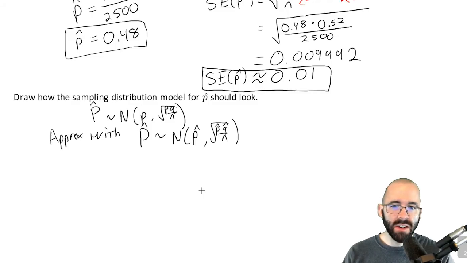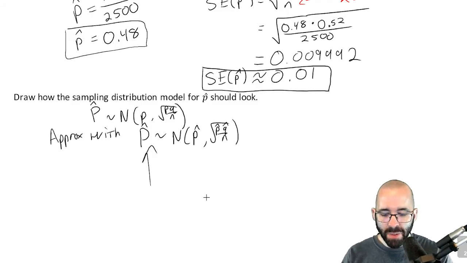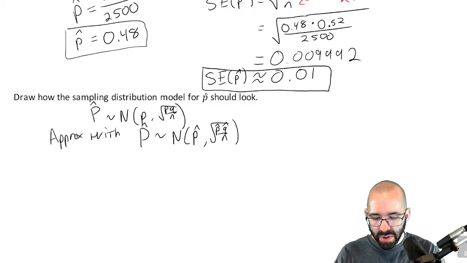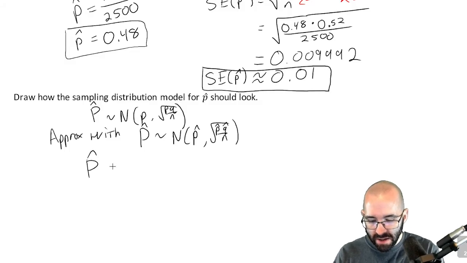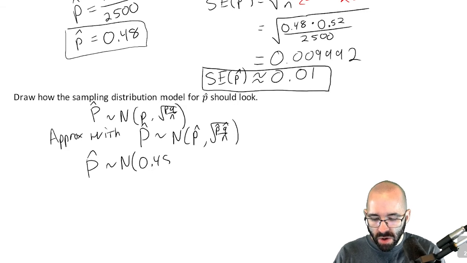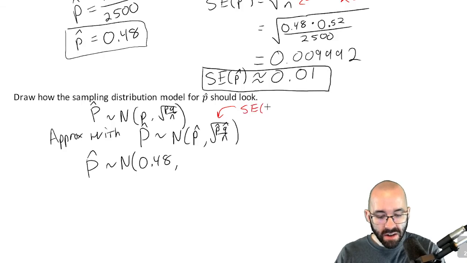It's hard for me to specify what's capital P and what's little p. So that's how we'll do it. So we'll say that capital P hat is normally distributed with a mean of p hat, which was 0.48, and that standard error, because right, this is exactly our standard error, of 0.01.